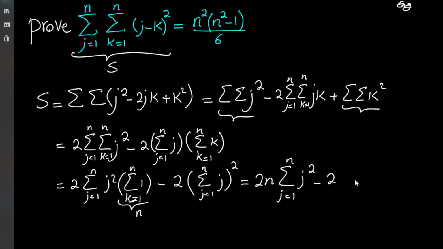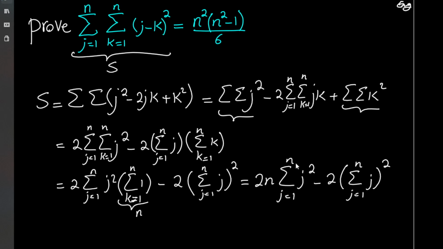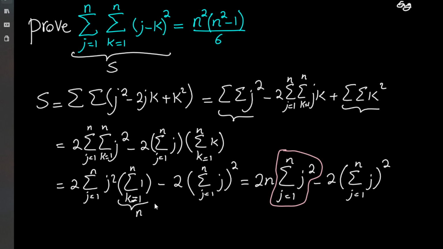Both of them are well-known summations. So sigma j from 1 to n of j squared is a well-known summation that I have proven in a separate video: it is n times n plus 1 times 2n plus 1 divided by 6.